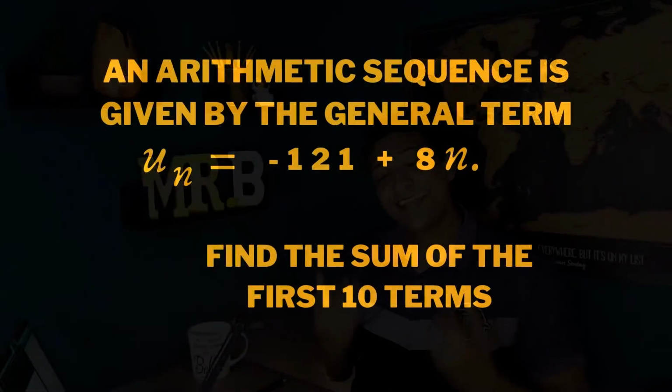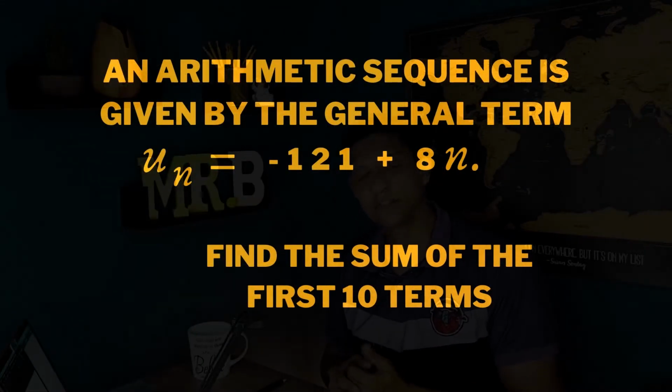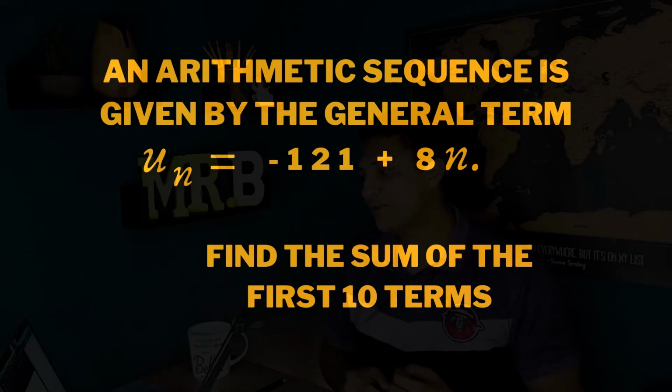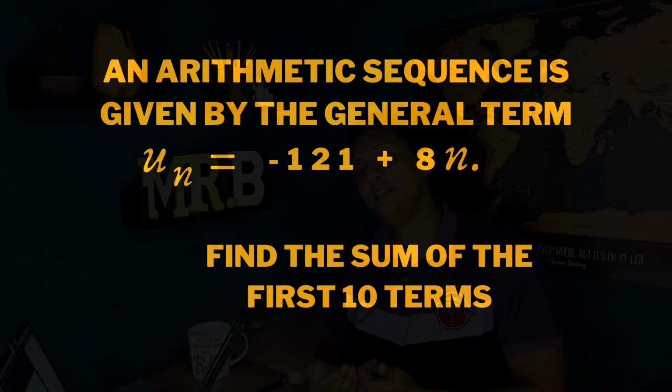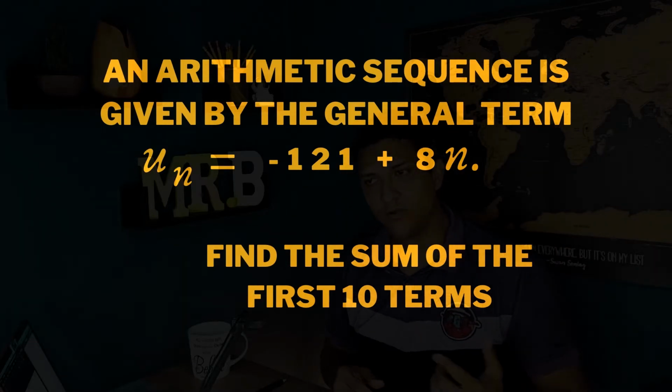Because they are asking me for the sum of the first 10 terms, I'm going to find the first term, which is needed by the formula, and the 10th term, which is the other value that I need for the formula. So that is what I'm going to do.